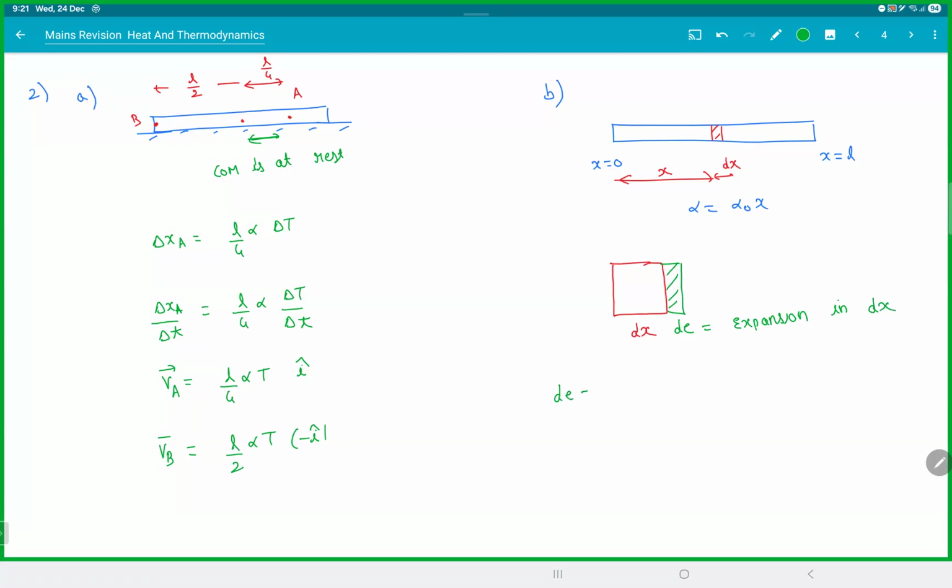So what is the formula? Delta L is L alpha delta T. Delta L becomes dE, L becomes dx. Alpha delta T, and alpha is alpha naught x and delta T is 10 degrees. That is the same for all the pieces, so that's constant. Integrate this. This will be alpha naught 10 L square by 2.